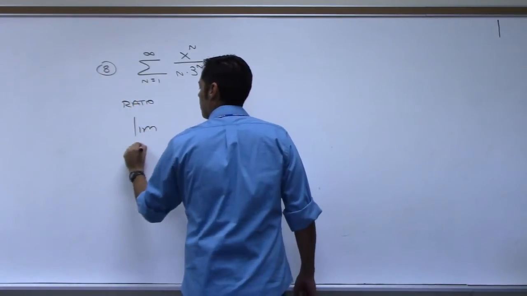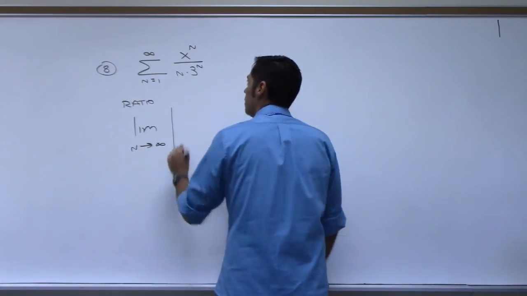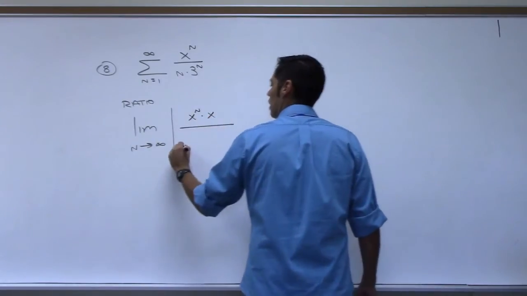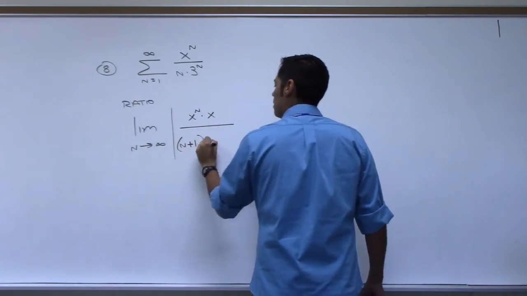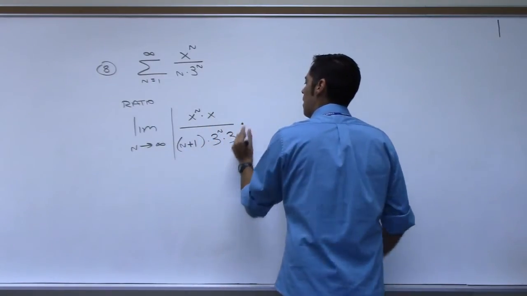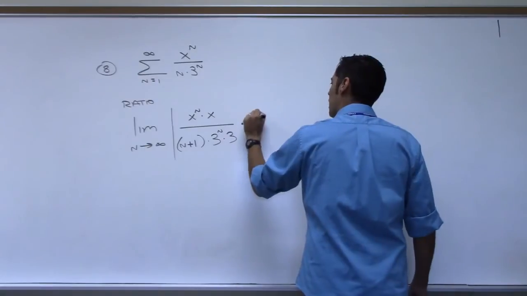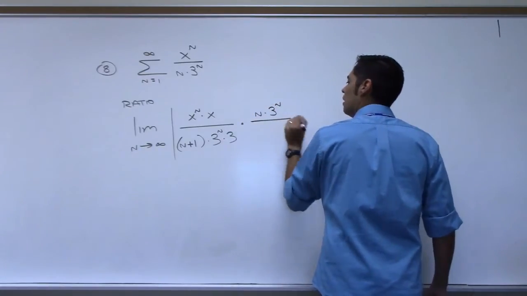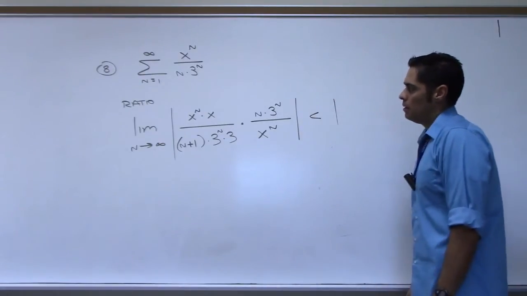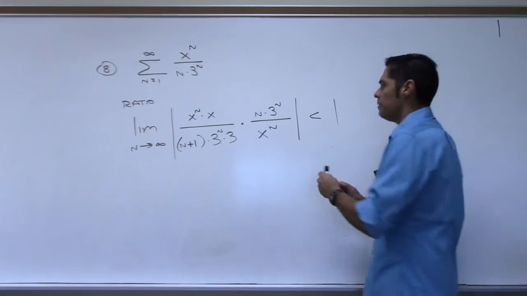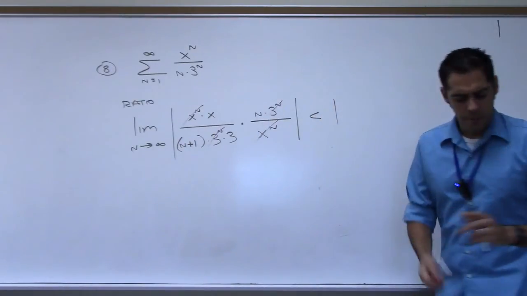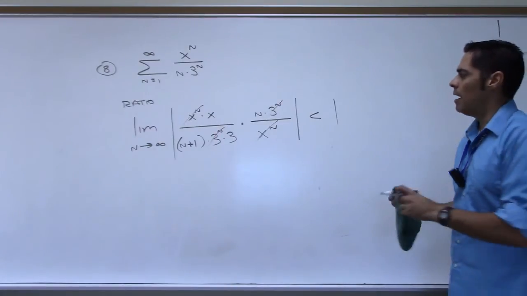Limit n goes to infinity of, see, plug n plus 1 in there, x to the n times x, over n plus 1 times 3 to the n plus 1, which is 3 to the n times 3. And then multiply by the reciprocal of that, so n on top, 3 to the n here, x to the n on the bottom. I need that to be less than 1. Lots of good cancellation here. Gone, gone, gone, gone. I'll put all my n stuff together and all my x stuff together.